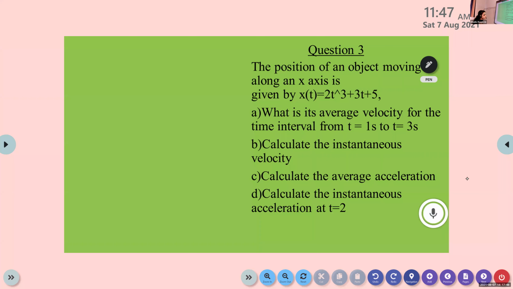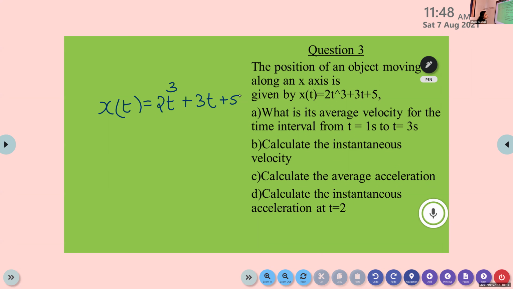Try to copy down this question. We can solve it in our next class. The position of an object moving along an x-axis is given by x of t is equal to 2t cube plus 3t plus 5.